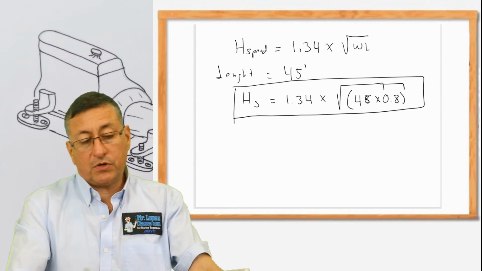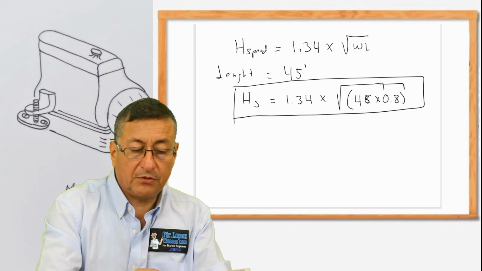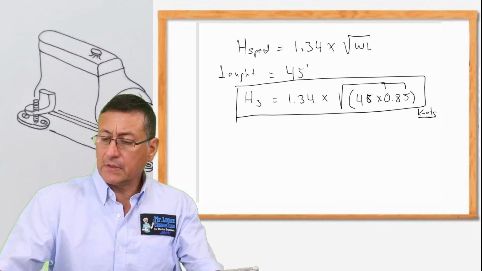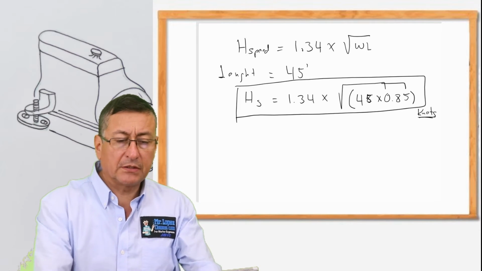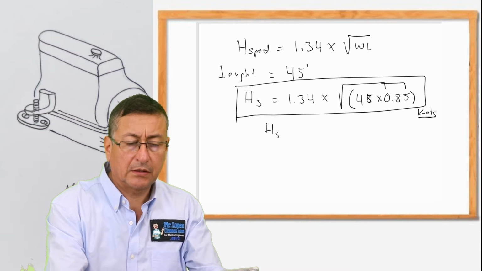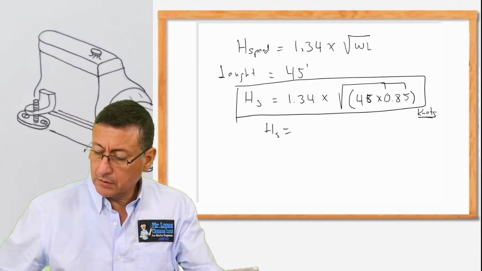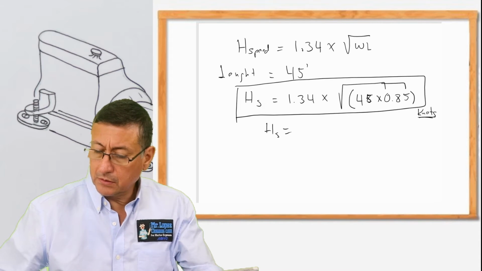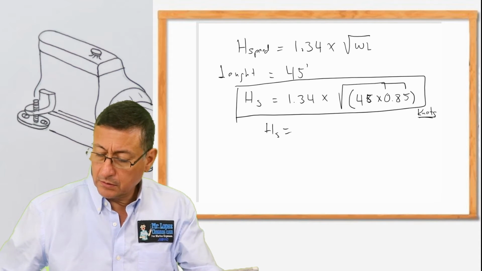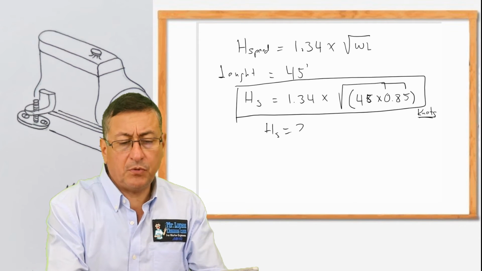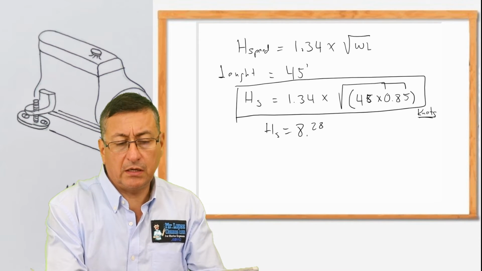This is very important. This is the hull speed in knots. In this particular case, the hull speed will be 8.28 knots.